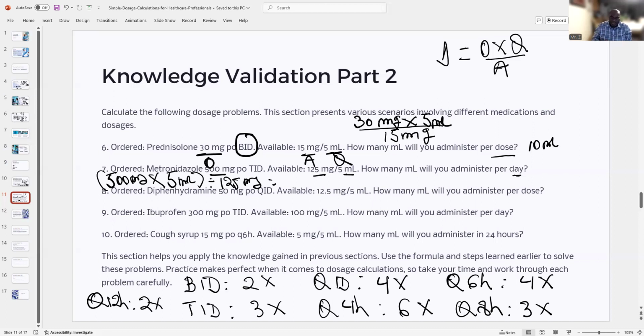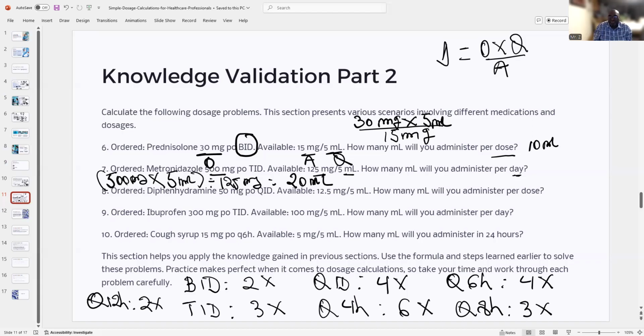Let's make sure you got 125 times 5. Divide that by 500 milligrams. That is your order. My bad. That is your order. Multiply by 5. Now divide that by available, which is 125. You have 20 milliliter.